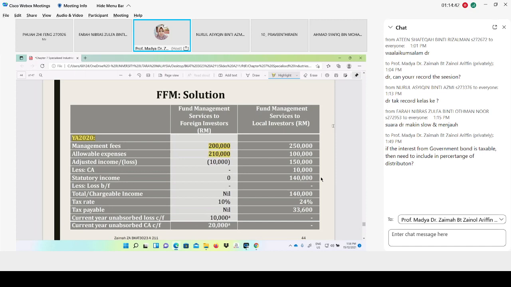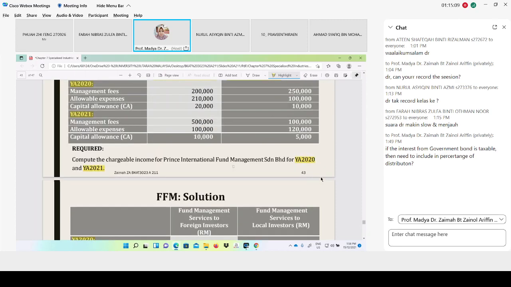Here you get an adjusted loss, not adjusted income, because your expenses are greater than your gross income. So this 10,000 will be loss brought forward, which you can deduct in the following year. Okay, and then you have capital allowance of 20,000 in year of assessment 2020.